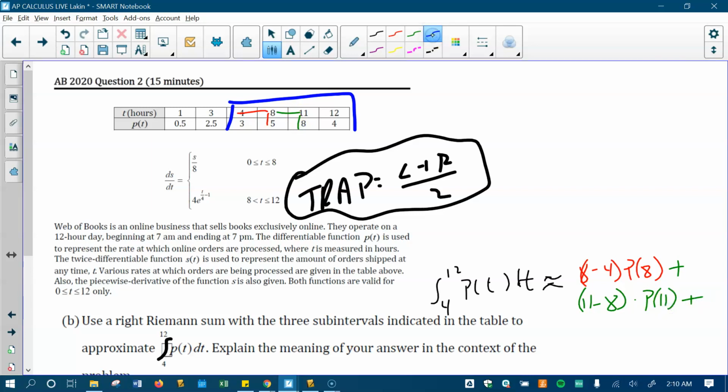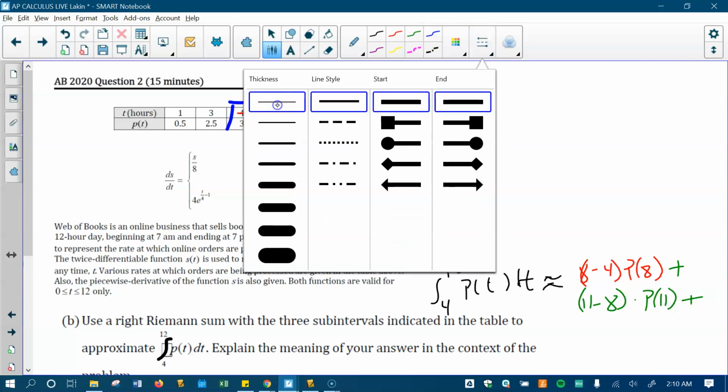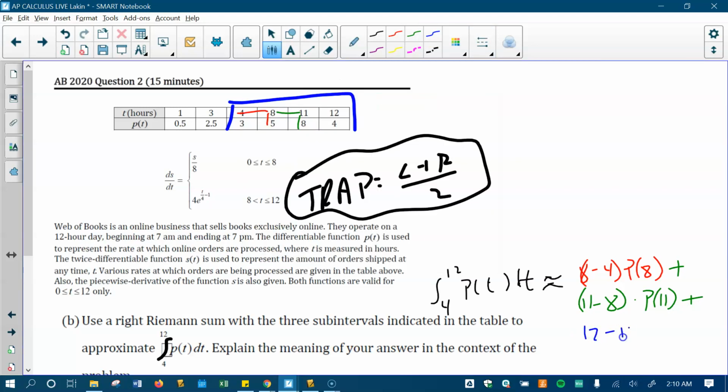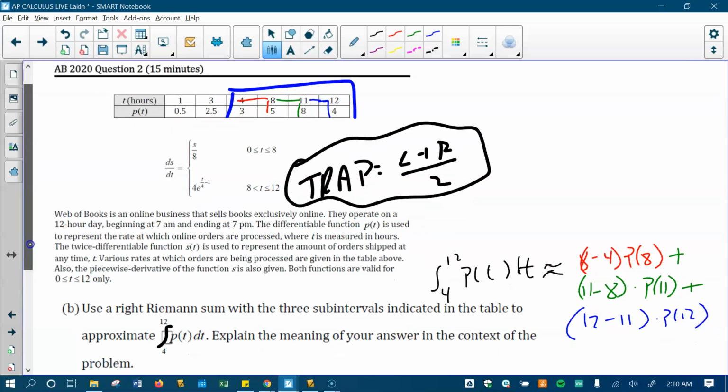Plus, now we'll do one more. 12 minus 11, because that's that last width, and then drop to the right of that interval, times p of 12, and then you'll get some great answer here.